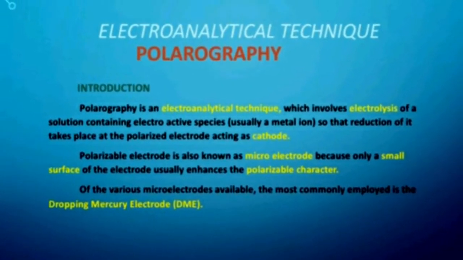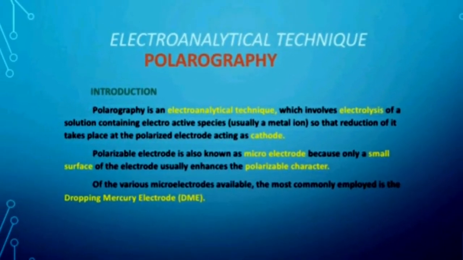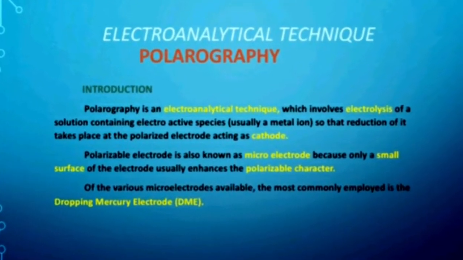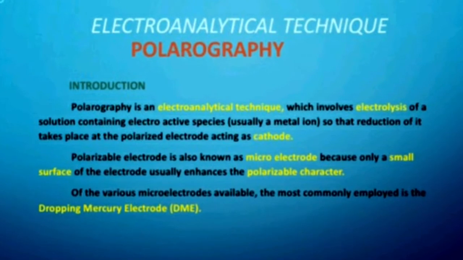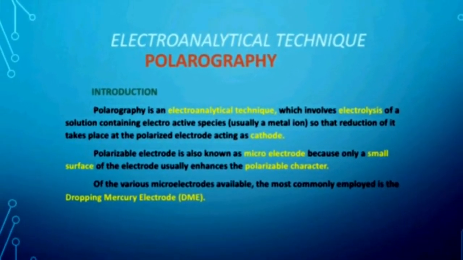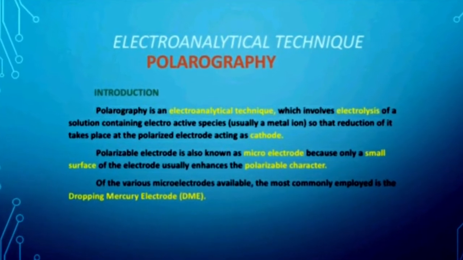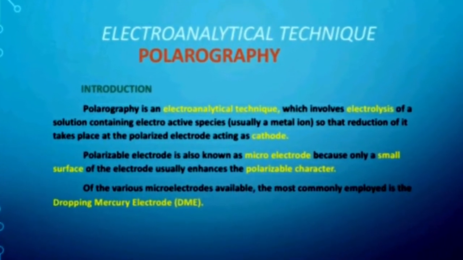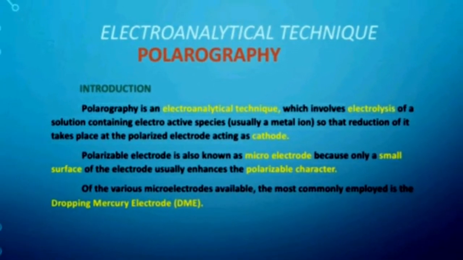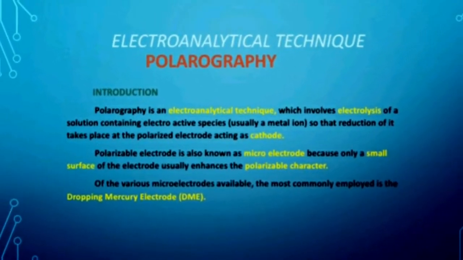These two processes are possible only in the presence of an electrolyte or an analyte, which is a solution containing electroactive species. In this case, we have metal ions as those species. Metal ions have a positive charge because metals are electropositive in nature. So they have a high tendency of undergoing reduction.